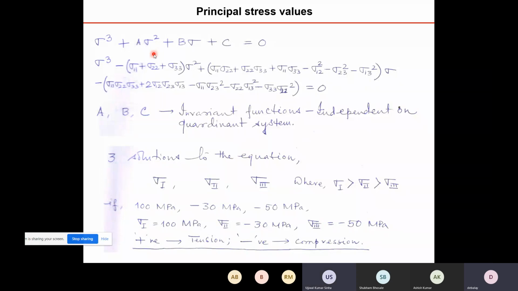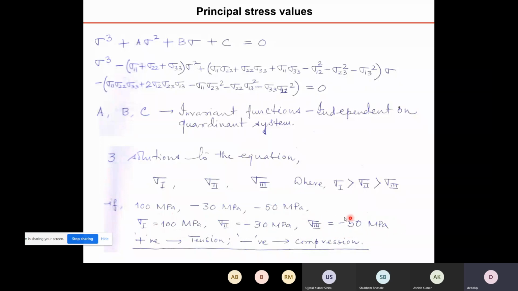Okay. So suppose three of my principal stresses are 100 MPa, minus 30 MPa and minus 50 MPa. How to choose them? The selection would be sigma 1 equal to 100 MPa, sigma 2 equal to minus 30 MPa, and sigma 3 equal to minus 50 MPa.